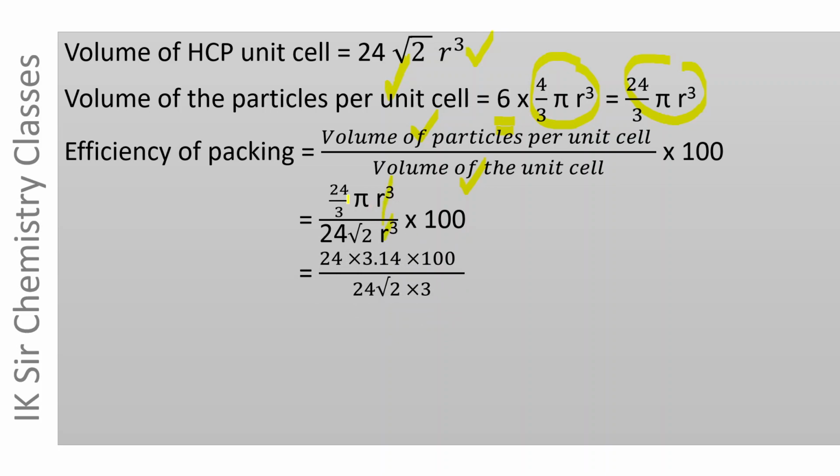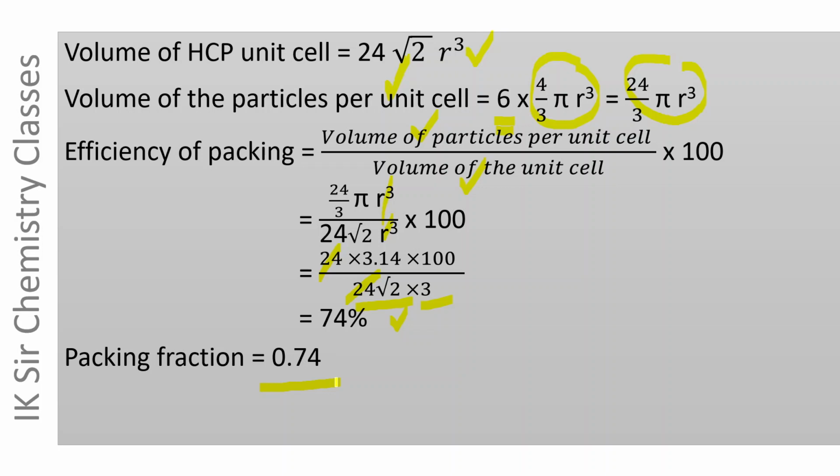It is 24 multiplied by 3.14, that is the value of pi, into 100 and divided by 24 under root 2, and this 3 will come here. 24 will be cancelled out, and on solving it we get 74%, and the packing fraction will be 0.74.